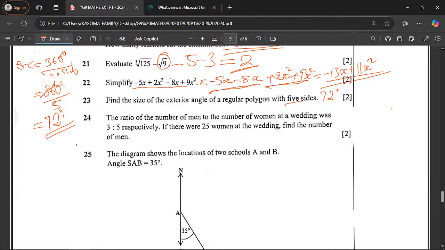We come to 24, which says the ratio of the number of men to women at a wedding was 3 to 5 respectively. If there were 25 women at the wedding, find the number of men.